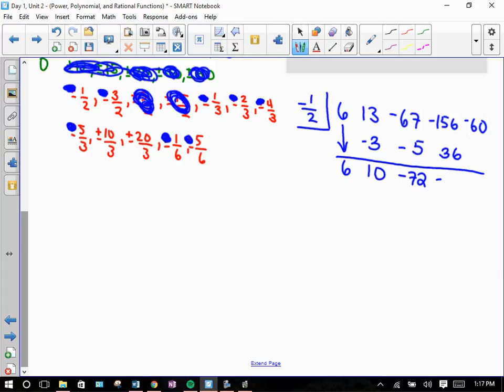That's going to be -120. -1/2 times -120 is positive 60. That's 0. So that tells us that since we go through all that, we get a remainder of 0. That x equals -1/2 is one of our zeros.